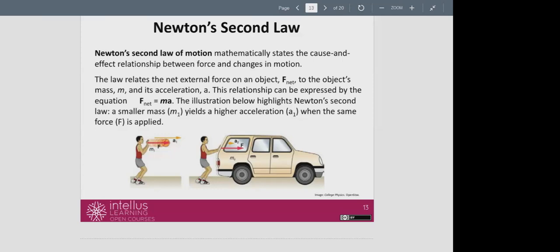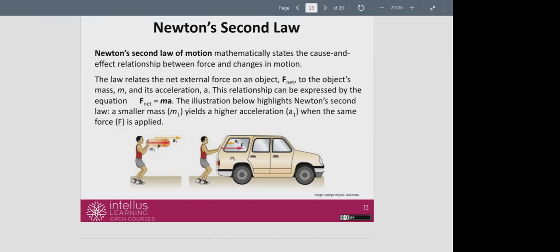If you recall way back to our understanding of the nature of science, we said that what a law does is focus our attention on a particular pattern in nature. And the pattern that we are exploring here in Newton's second law is the pattern that shows how forces, acceleration, and mass are related.